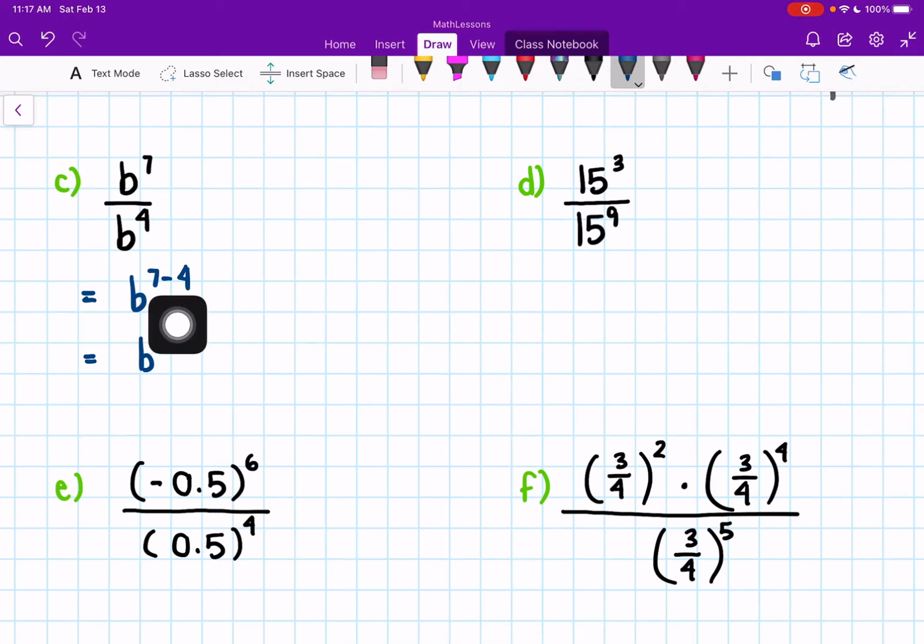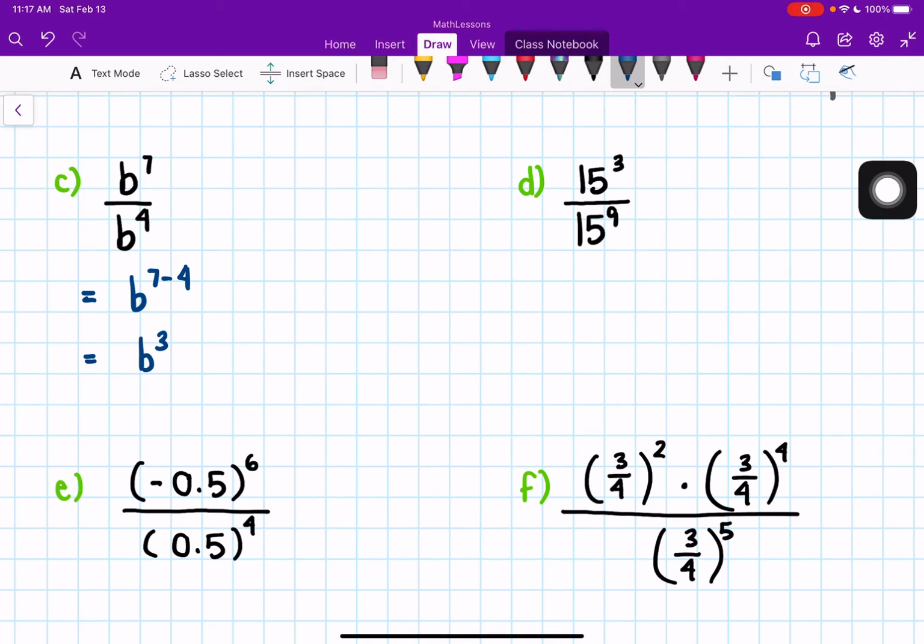Just like when we were doing the product rule and we had to add, and I explained that you don't need to show the addition, you can just go straight to here. It's the same thing. In this problem and in the previous problems, you don't have to show me the subtraction. You can do the subtraction in your head and just get to the answer. I'm showing it here so that you understand where that 3 came from, okay?